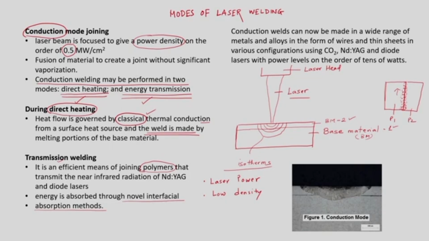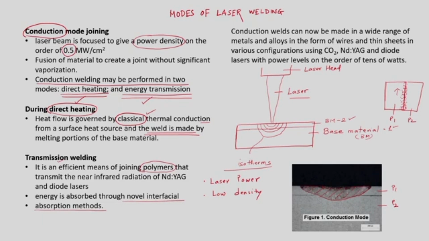On your screen you can see an optical micrograph of laser welded parts made in conduction mode. This is part 1 and this is part 2. Part 1 is put on part 2 and these two parts are laser welded. Ultimately, the bead that we get is of this shape, as you can see over here.